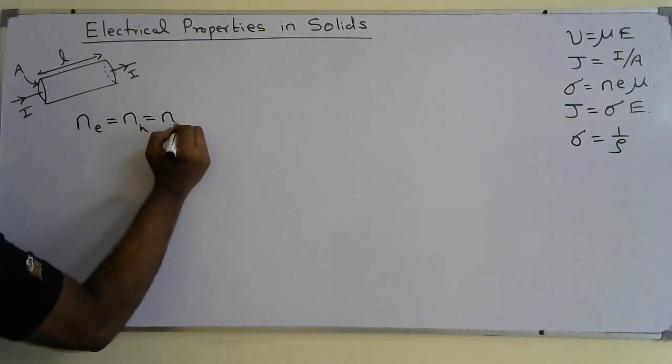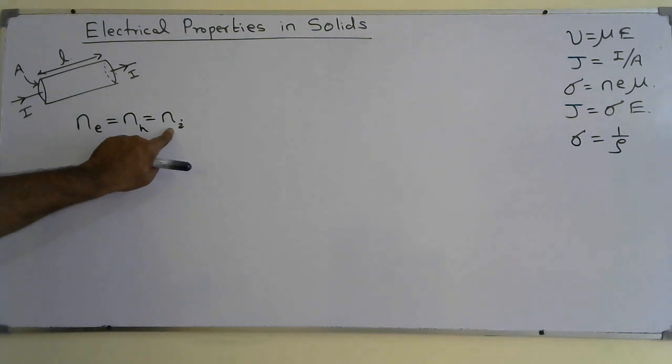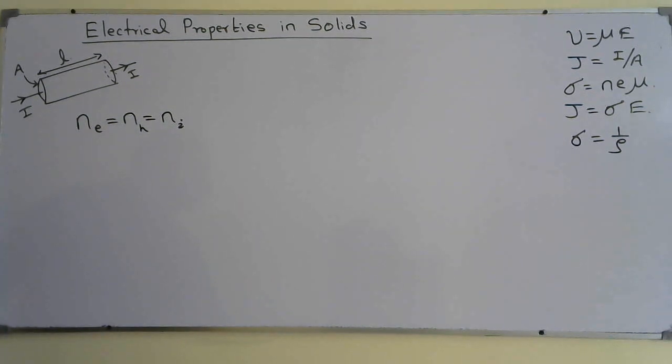Let the carrier density be n_i for the intrinsic semiconductor.